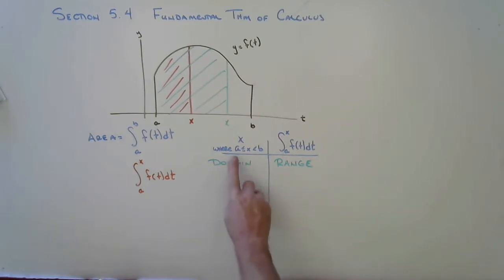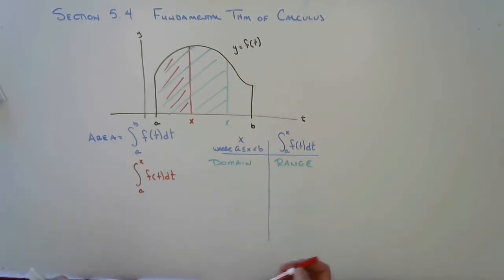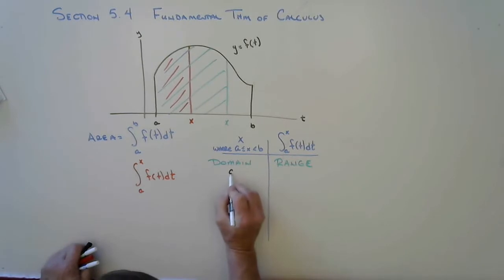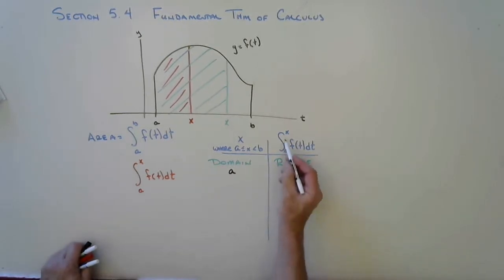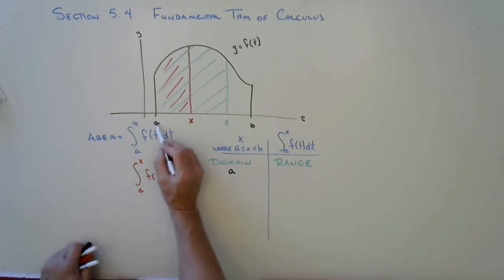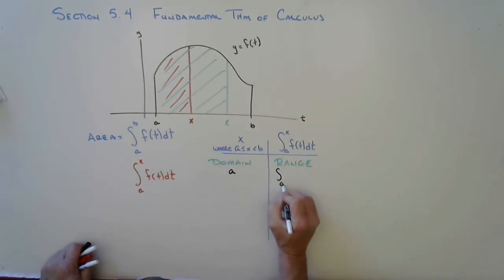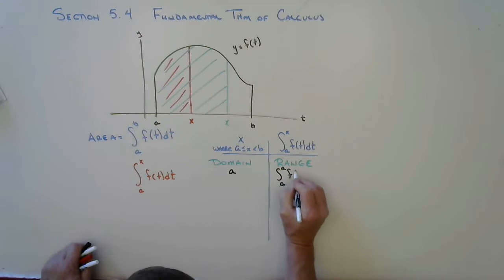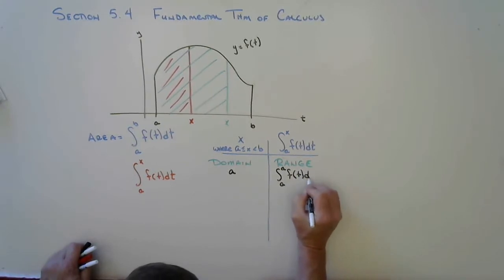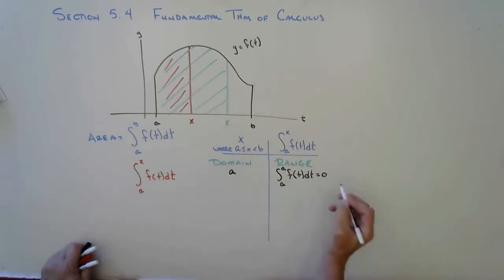Because for our x, we could choose a, right? We could choose a as our x. And if we did that, then this would be the integral from a to our x, but our x would be a. So we would have the integral from a to a of f of t dt, which we know to be 0.